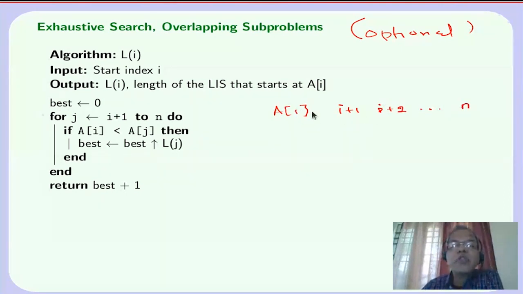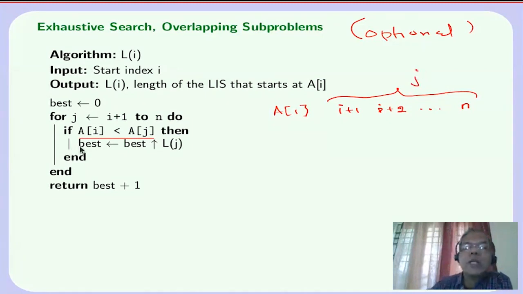Out of all the elements to the right, we are interested only in those elements, the jth element, which are larger. And we are interested in the longest increasing subsequence, the length of the LIS.